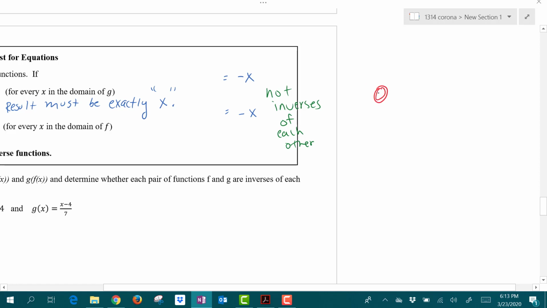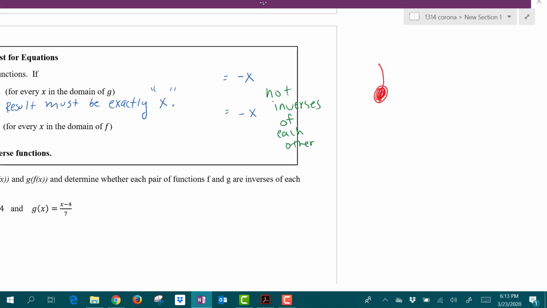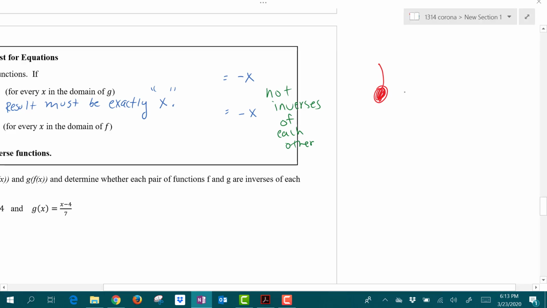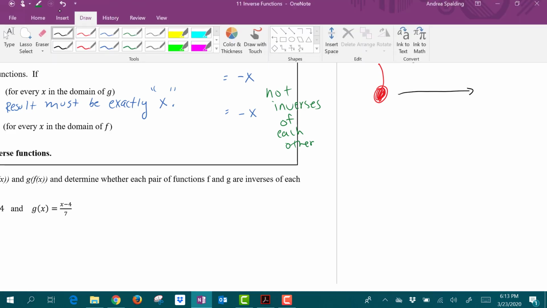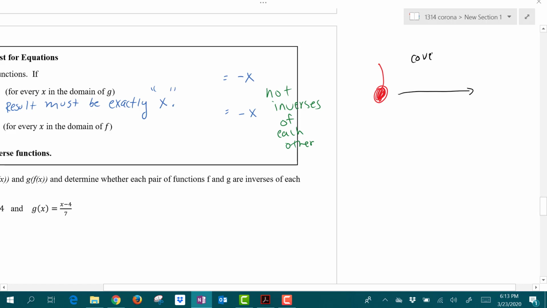Let's say you have a machine that starts with some cherries. You're going to put a cherry into this machine, and what this machine does is that it covers it in chocolate. Let's call this the function f of the machine.